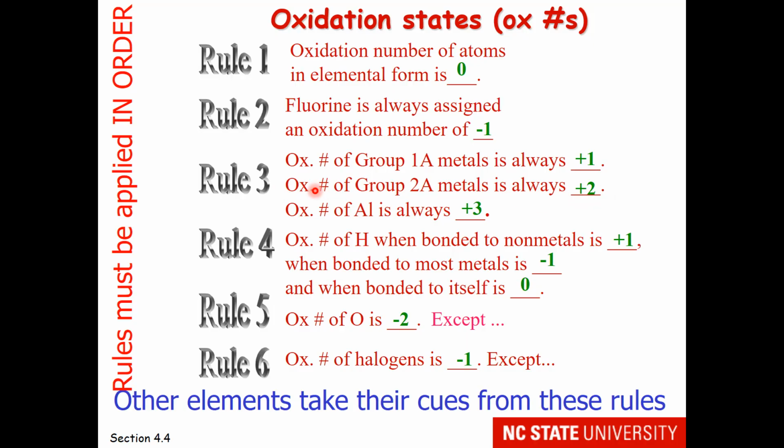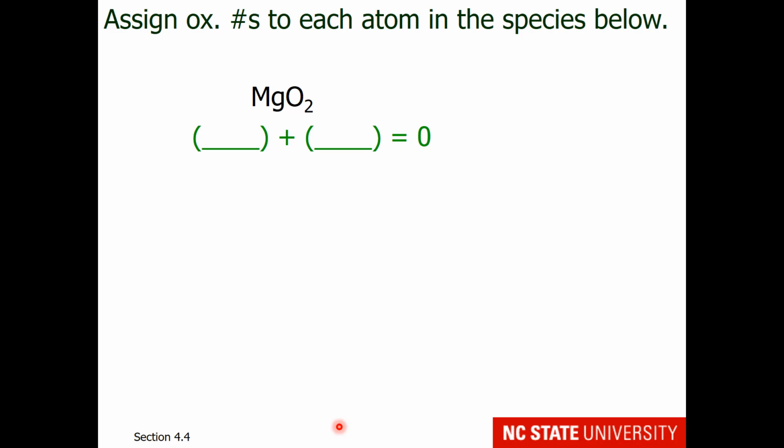So Rule 3 has a higher priority than Rule 5. So we'll follow the rules in order and put magnesium at +2. Mathematically, what belongs in the blank then is -2, which means each individual oxygen is -1.